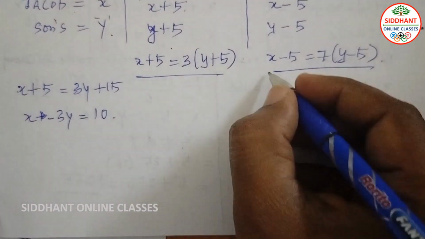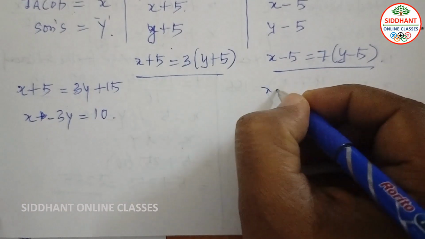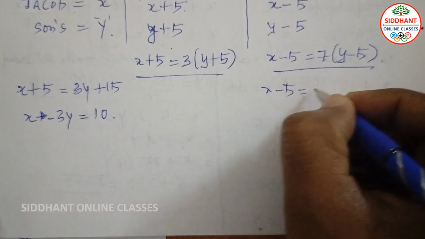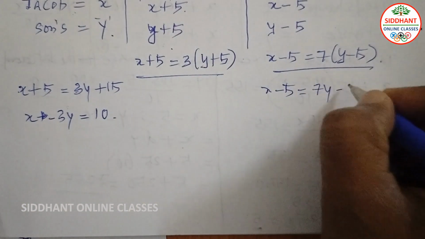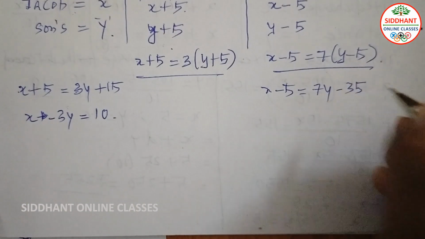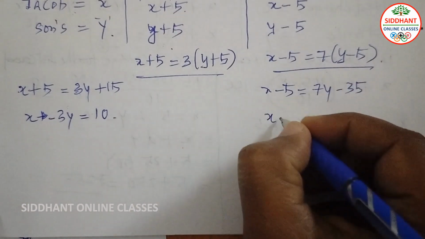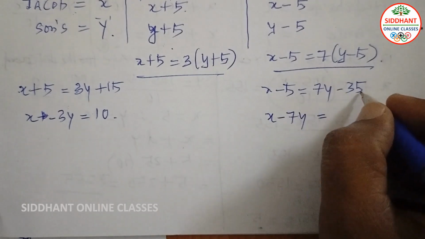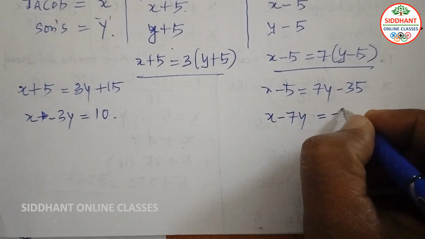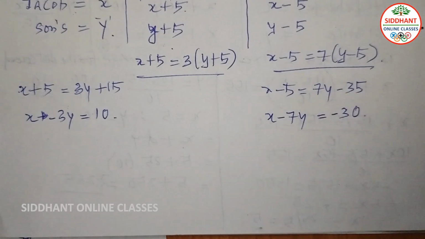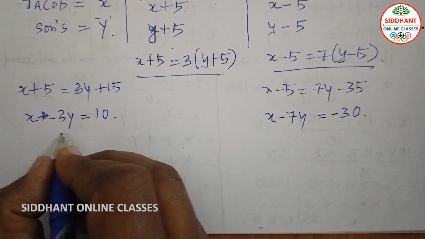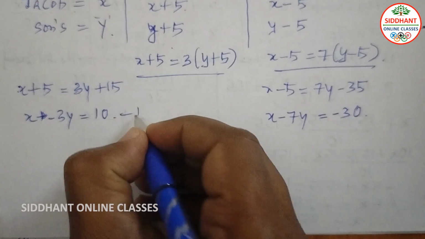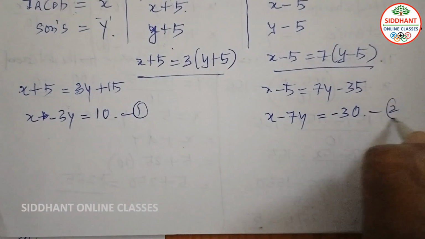This is first equation. Next, x minus 5 equal to 7y minus 35. Then x minus 7y equal to minus 35 plus 5, that will be minus 30 here. So now this is equation 1 and equation 2 here.